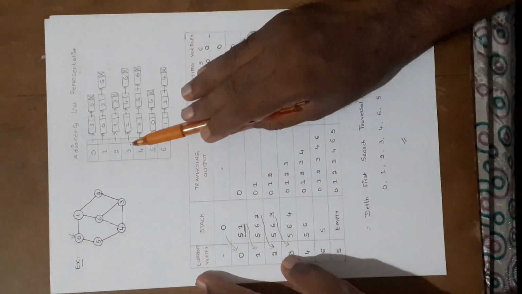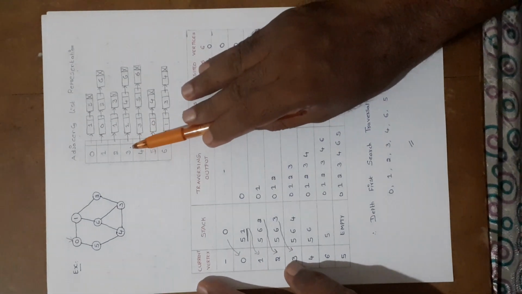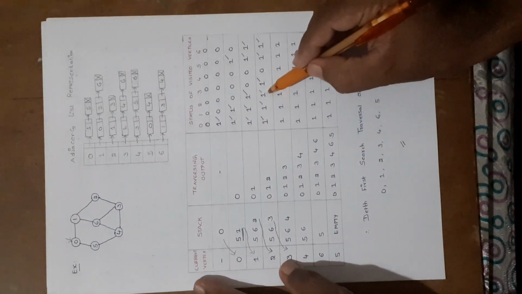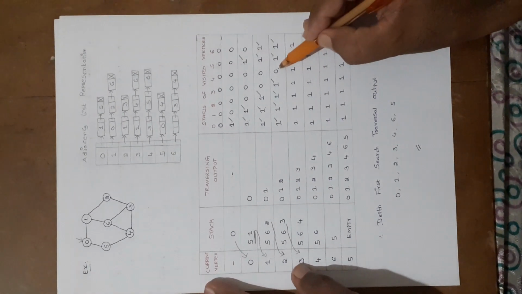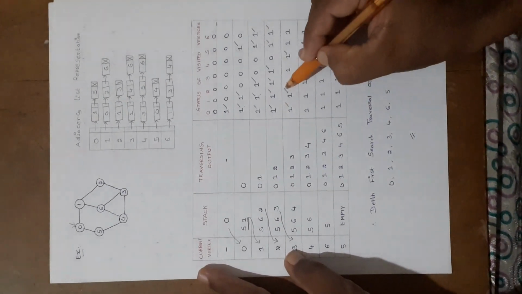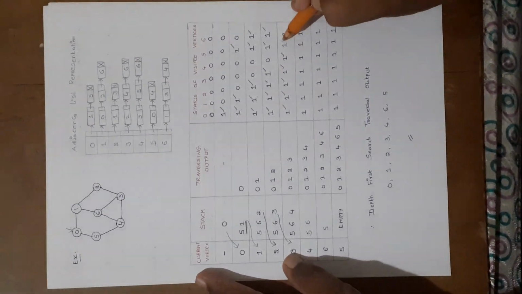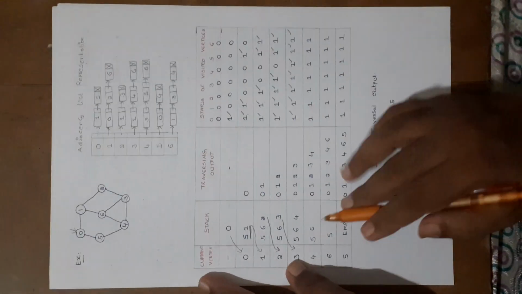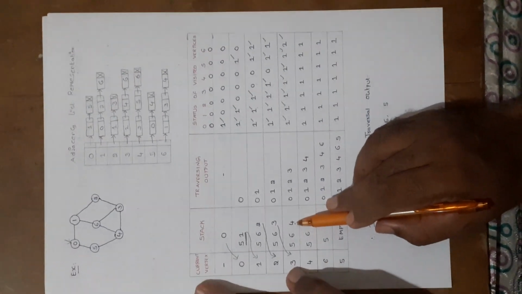Now the adjacent vertices of 3 are 2, 4, 6. Now 2 visited, 4 unvisited, hence make it as visited, 6 visited. Okay. So now these are all visited vertices. Now 4 enters into the stack data structure.